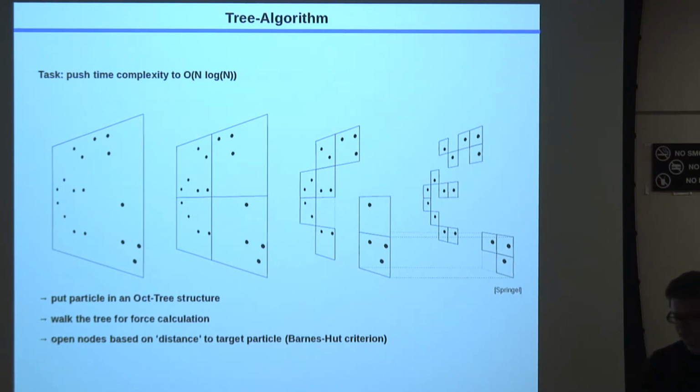So if you walk the tree for a set of particles, and this group of particles is far away, then there's a criterion which tells you, okay, you don't have to walk further because that group is so far away, so just take the monopole moment of that particle distribution, and it's fine. So there's one free number essentially in this tree algorithm, but it's very well tested and very well understood to which values you can set this number. So it's not arbitrary. The people have a good handle on that and tested this a lot.